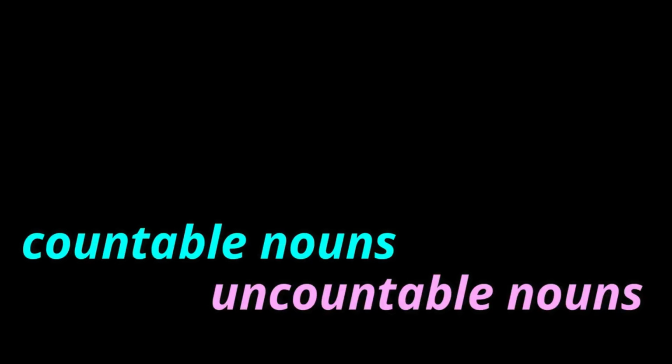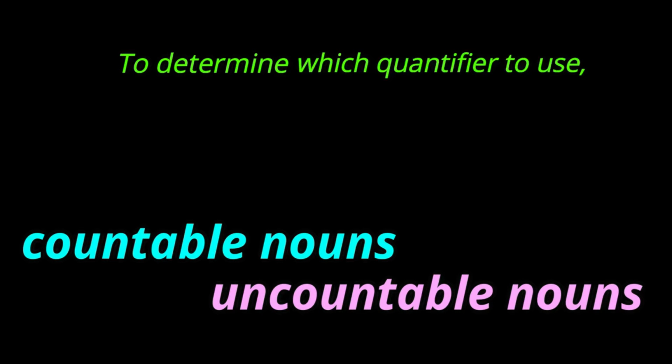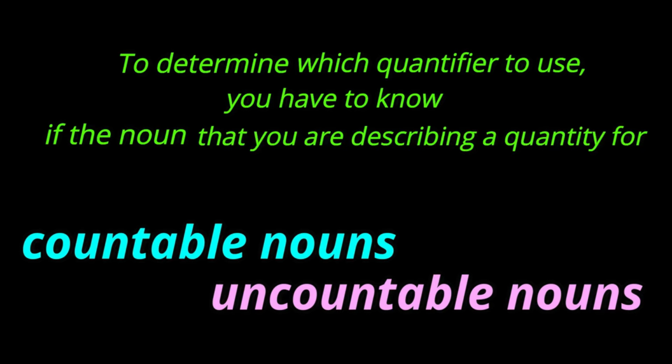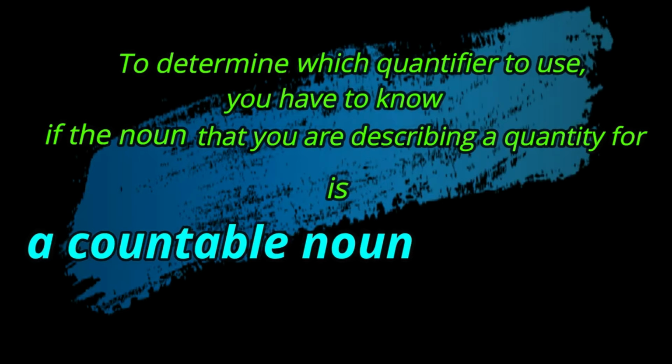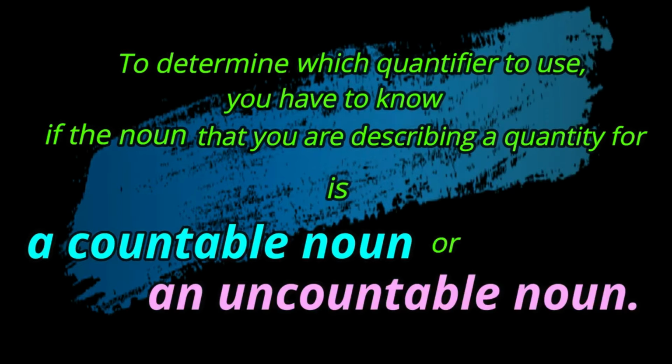I made a video earlier about nouns, and I discussed what a countable and an uncountable noun was. And to determine which quantifier to use, you have to know if the noun that you are describing a quantity for is a countable noun or an uncountable noun.